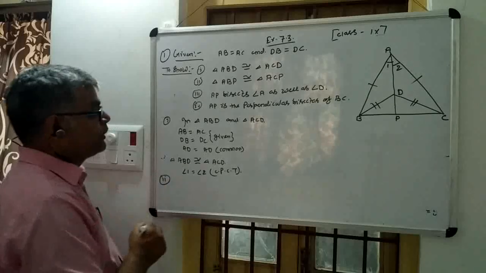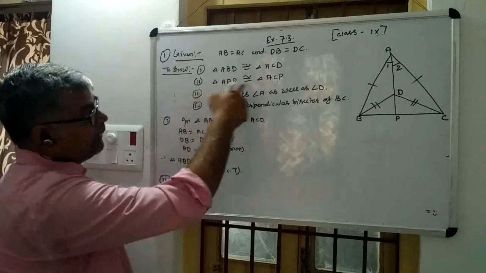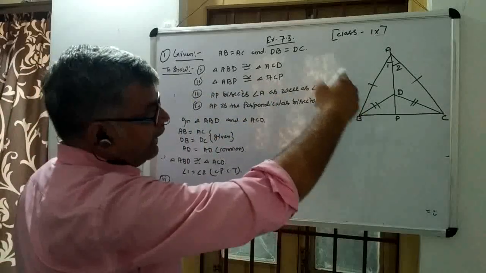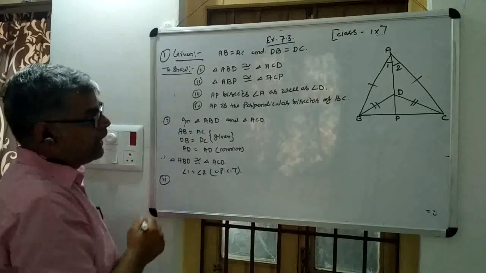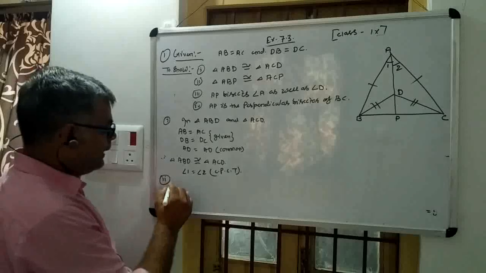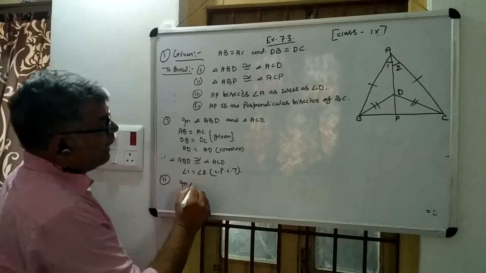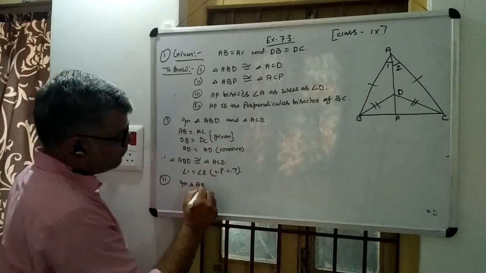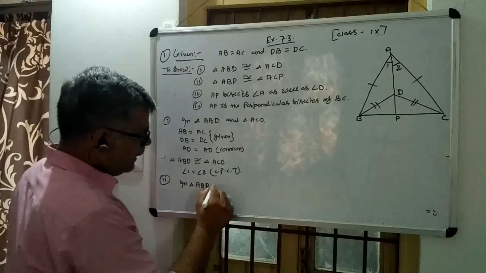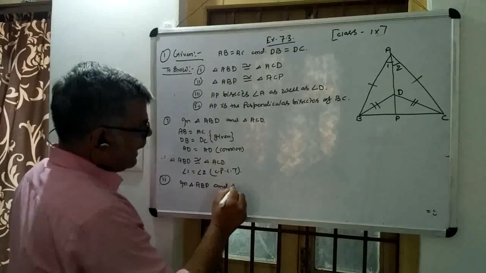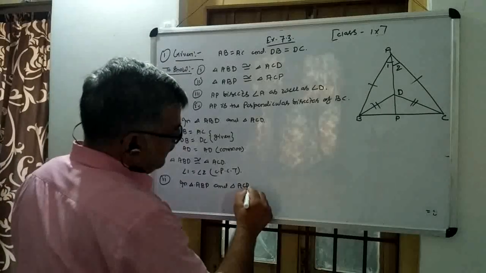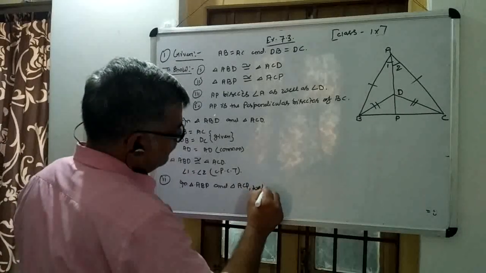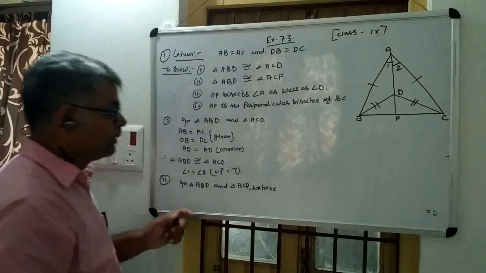Our second part is to show triangle ABP is congruent to ACP. Let's see how it can be done. In triangle ABP and triangle ACP, what do we have?